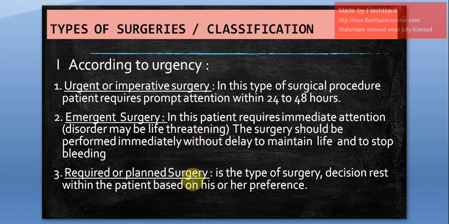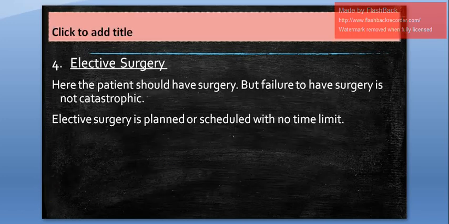Next is required or planned surgery. For required or planned type of surgery, it depends on the preference of the patient. Maybe there is no emergency here, you can delay the surgery. Okay, so that is called a required or planned surgery. Usually it can be planned according to the surgeon also, or according to the patient's convenience. Next is elective surgery.